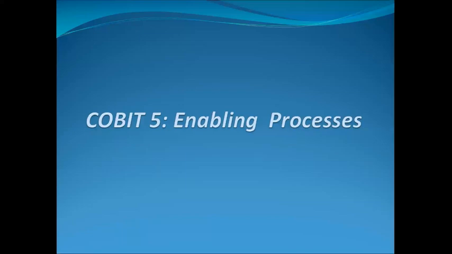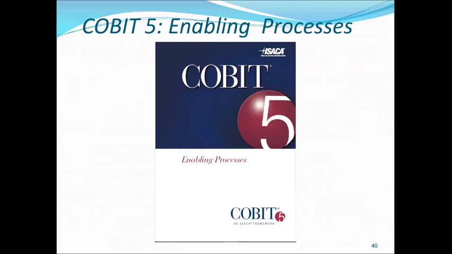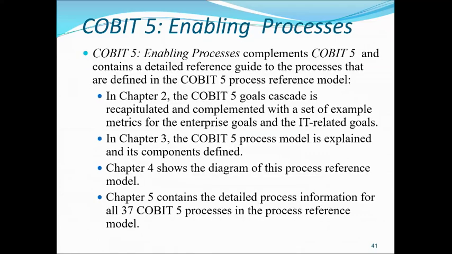What are the enabling processes in COBIT 5? I have also attached this book on enabling processes; you can read it and quickly master them. Enabling processes complements COBIT 5 and contains a detailed reference guide for the processes that are defined in the COBIT 5 process reference model.